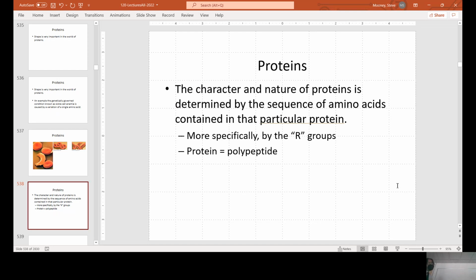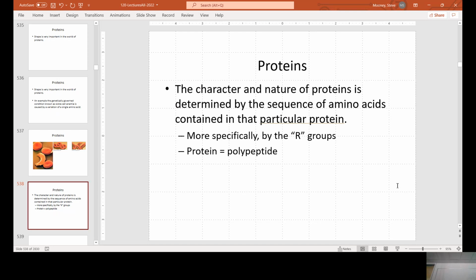So the character and nature of protein is determined by the sequence of amino acids. Those amino acids, each different of the 20 amino acids, has a different R group, different character, a different reaction with water. So ultimately, the R groups, or what's hanging off, are going to determine what that protein does or can do.